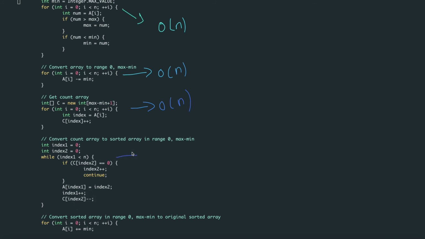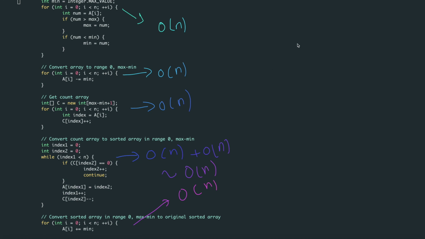So the total complexity is order of n plus order of max minus min, which we know is less than n, so order of k, or at max order of n. And this last one is again order of n.